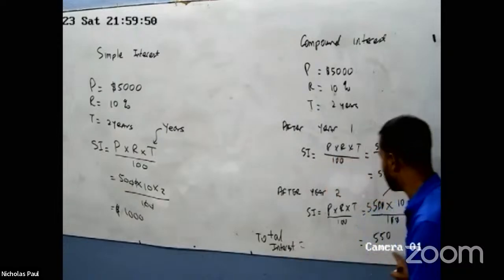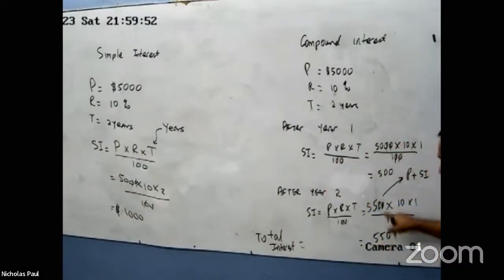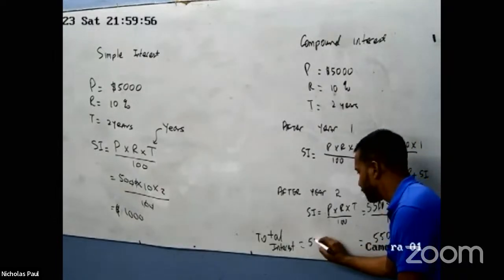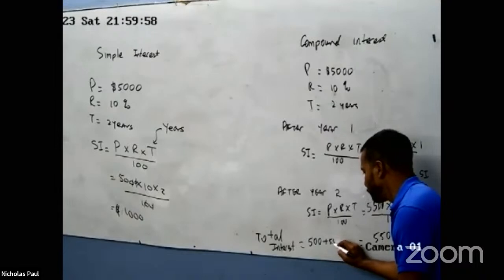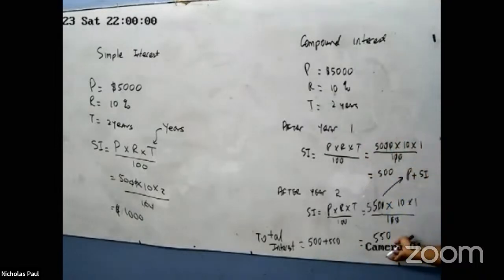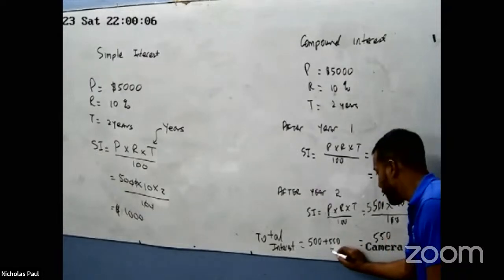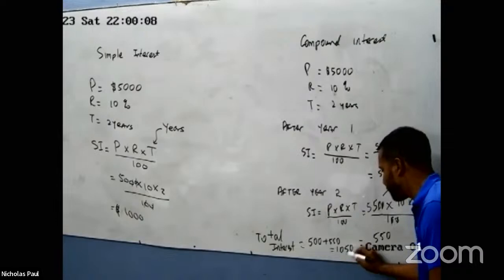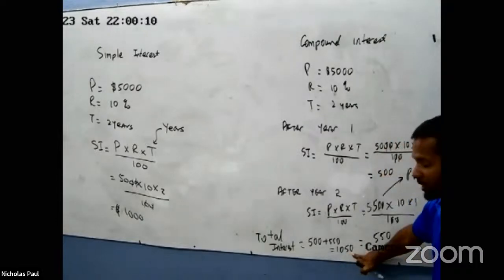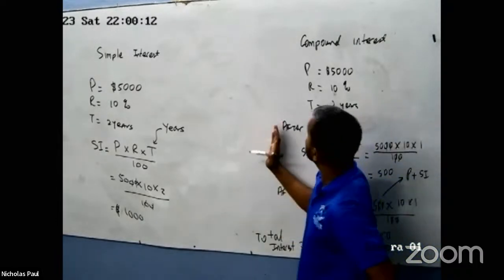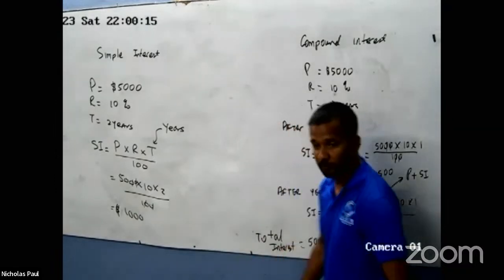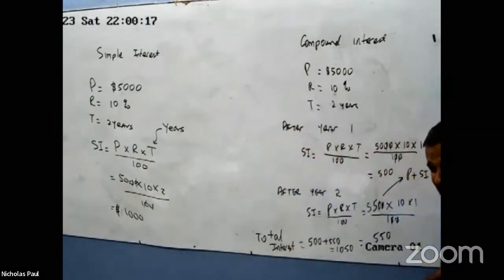The total interest here will be 550 plus 500. I don't know why I keep saying that. Okay, so the answer is 1,050. So you made $50 extra using compound interest. Are you okay with that?